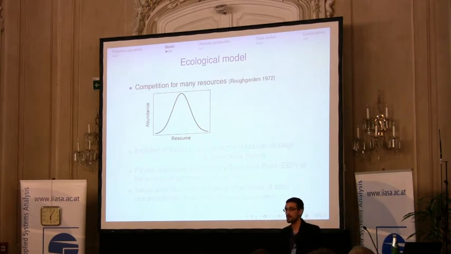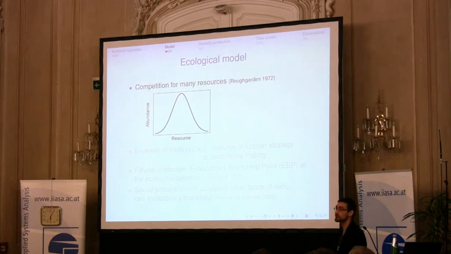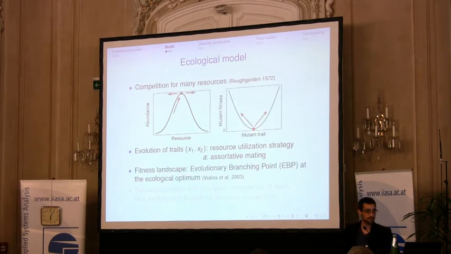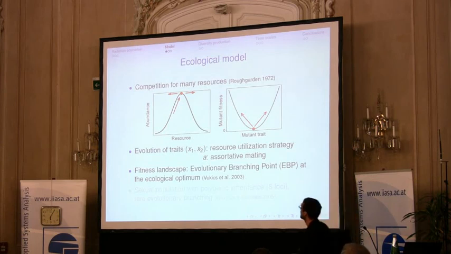So I assume that individuals are in competition for resources, and we have an implicit distribution of these resources with a maximum corresponding to an ecological optimum. We record the evolution of two phenotypic traits, a bidimensional ecological trait, X1, X2, and a mating trait, A, with assortative mating based on a one-allele mechanism. We chose the parameters of the model such that the fitness landscape holds an evolutionary branching point at the ecological optimum of the resource distribution.